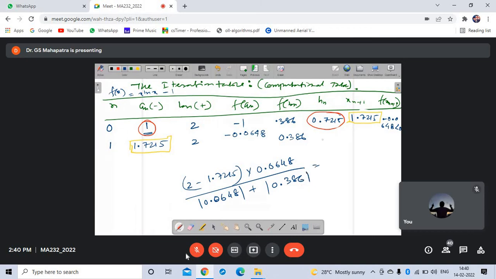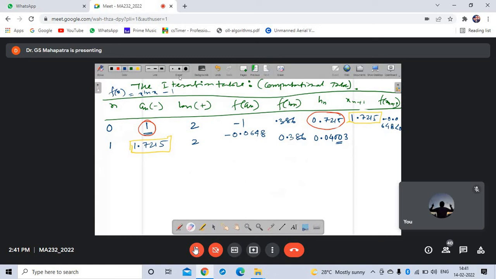What is the answer? 0.0400, after that some digit should be there, otherwise 0.0400 is meaningless. So add one more digit, 0.04003. Understood now? If you do not add this 3, these are meaningless. So now I'll erase.